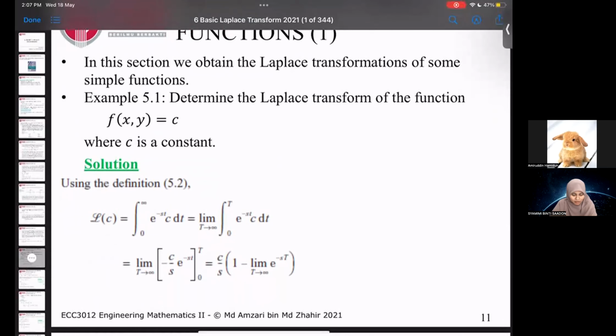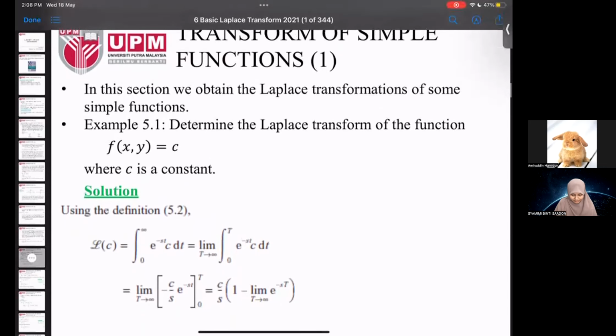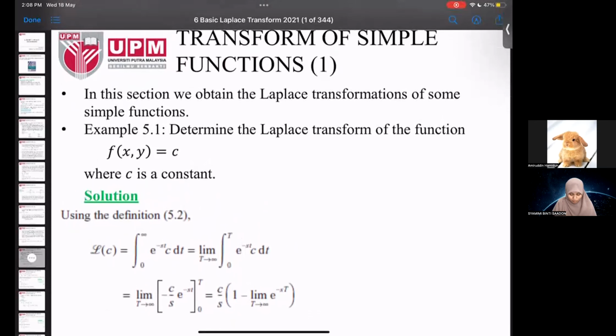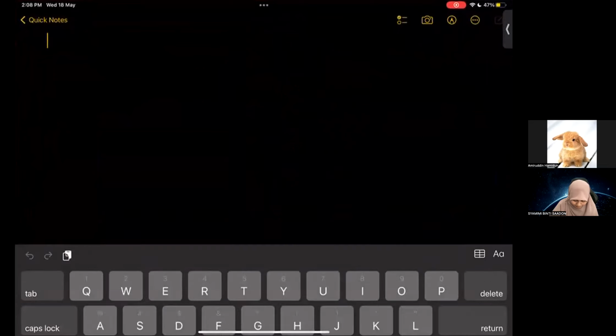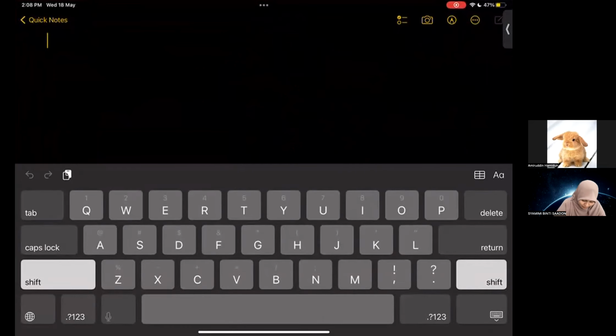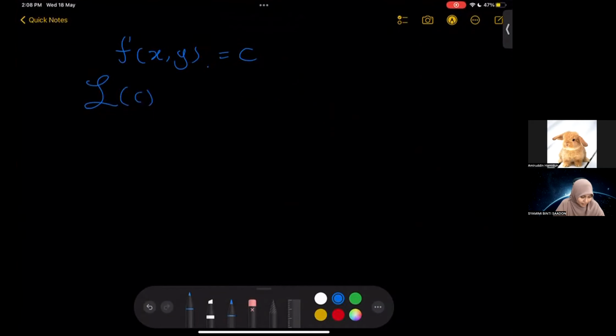In the slide there is some solution, but I will try to explain the calculation in more detail. For example, we have the function f(t) equals c, which is a constant. So how do we transform this function f into the Laplace transform?